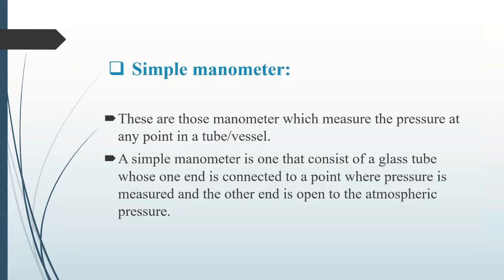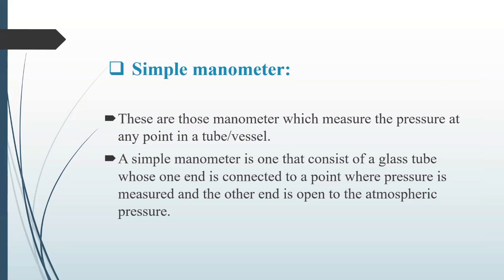Firstly, let us start with the simple manometer. A simple manometer is a manometer which measures the pressure at any point in a tube or vessel. In simple words, we can measure pressure at any point in any tube or vessel by using this simple manometer.